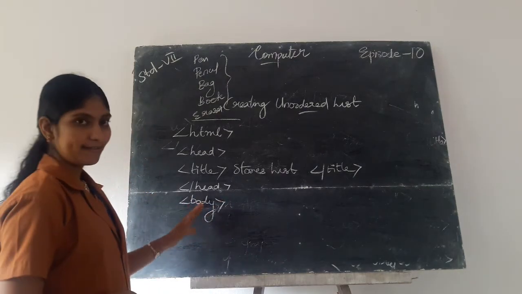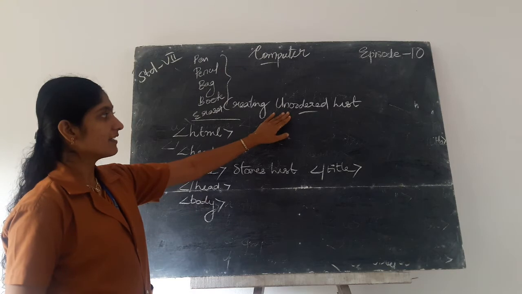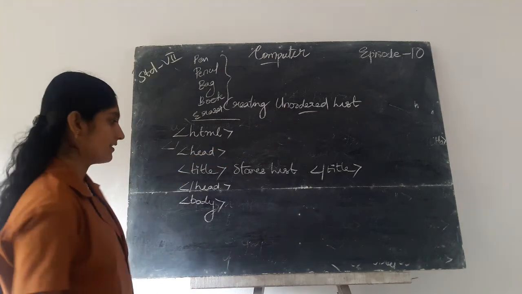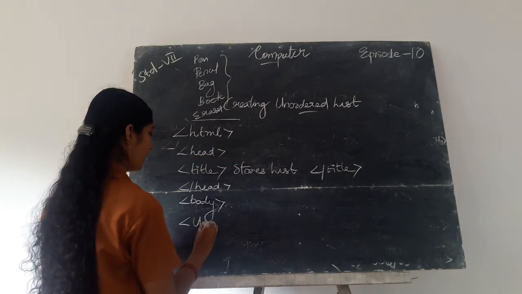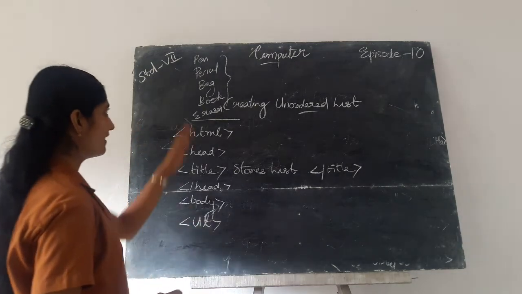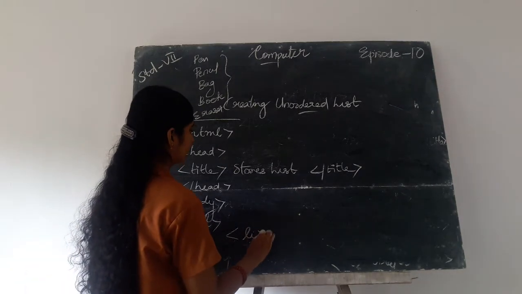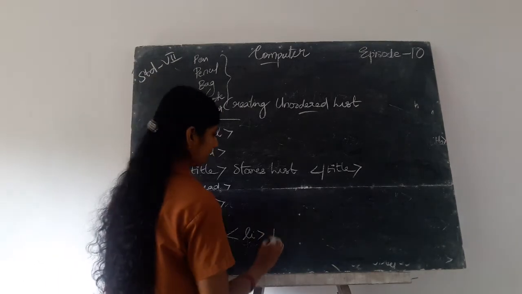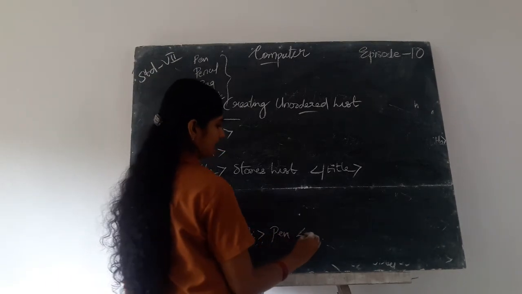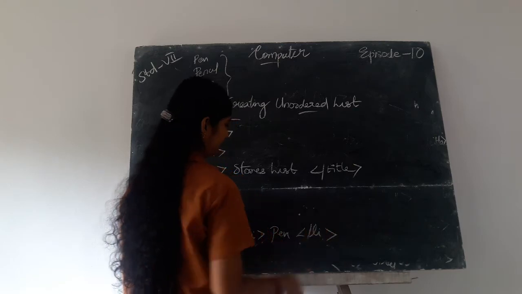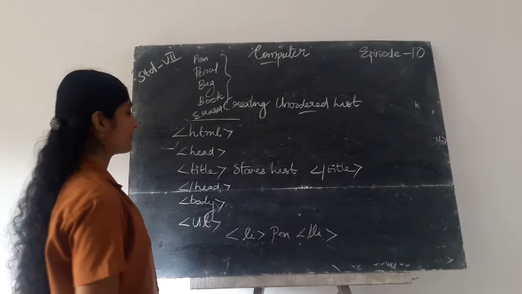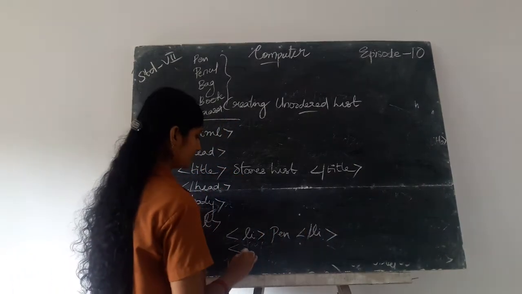Then after opening the body tag, so here the question is unordered list. So write UL. Then write the list of items. So first LI, first item is pen. Then close the LI. And second item is pencil.